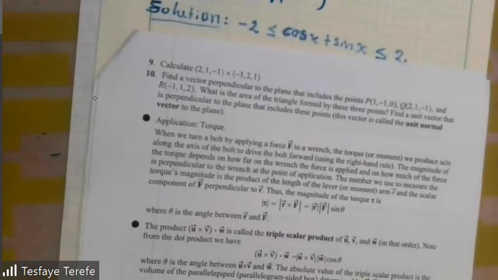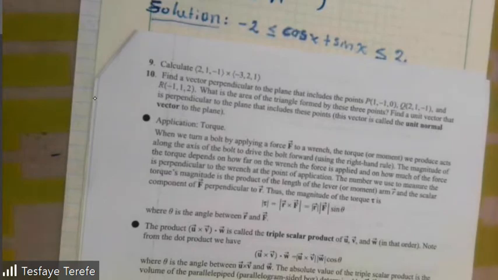What is the area of the triangle formed by these 3 points? And find a unit vector that is perpendicular to the plane that includes these points. This is a vector called the unit normal vector to the plane.